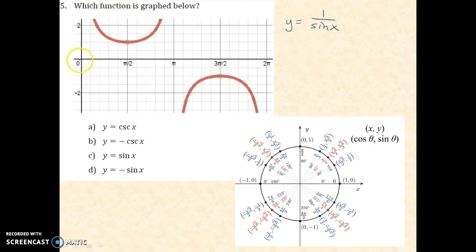How about when x is 0? When x is 0, sine is 0, and 1 over 0 is undefined. So it makes sense that we would have an asymptote here. Where else is sine 0? Sine is also 0 at pi. So when x is pi, we're also going to be undefined, so we're going to have an asymptote there.